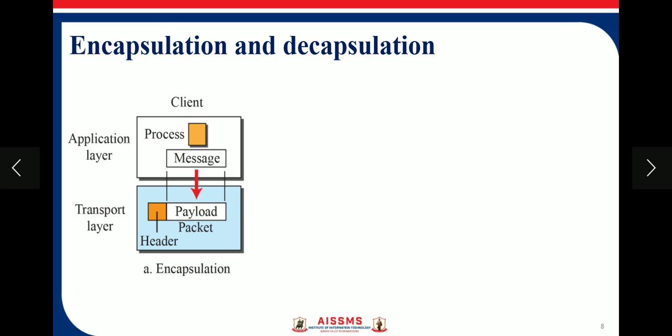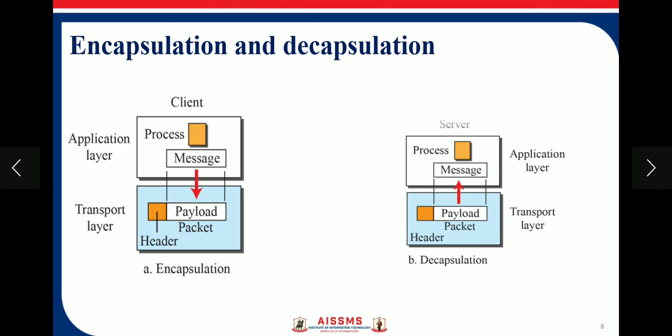The transport layer receives the data and adds the transport header. The packets at the transport layer in the internet are called user datagrams, segments, or packets, depending on which transport layer protocol we use. In general, they are referred to as the transport layer payload or packet. Decapsulation happens at the receiver side.